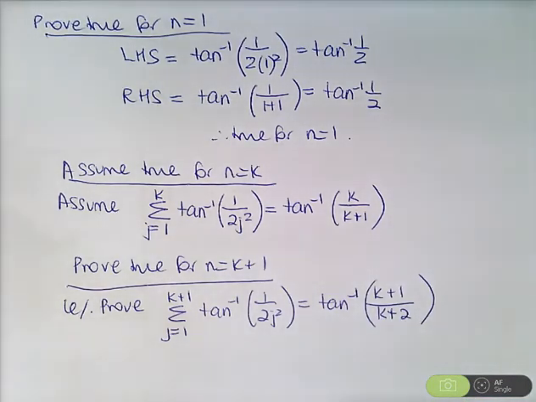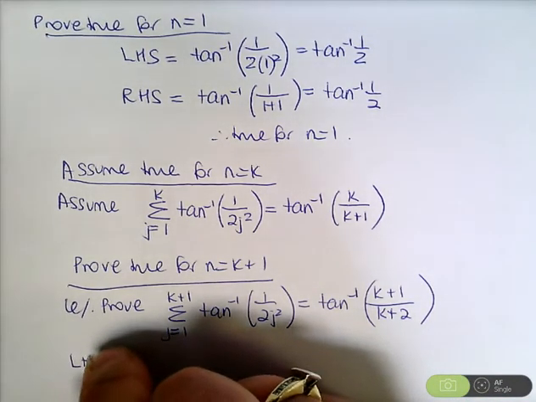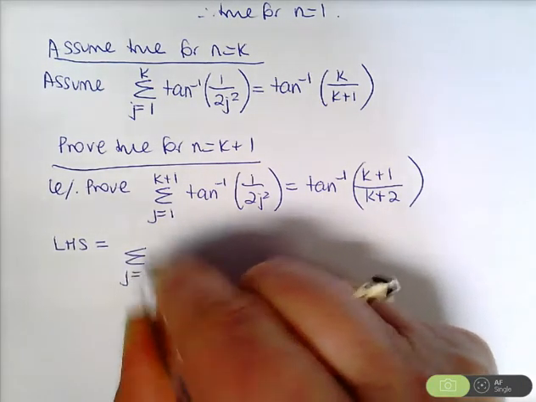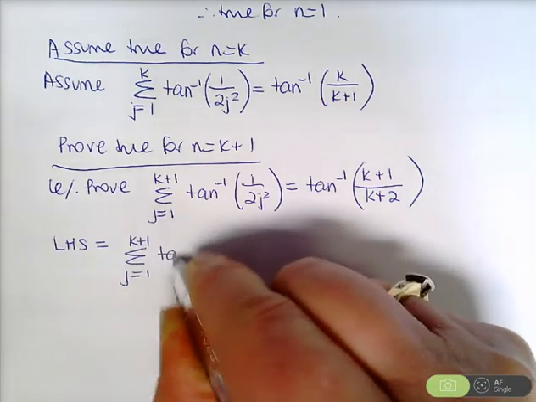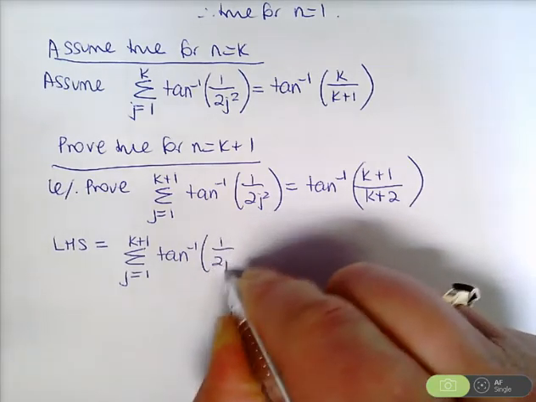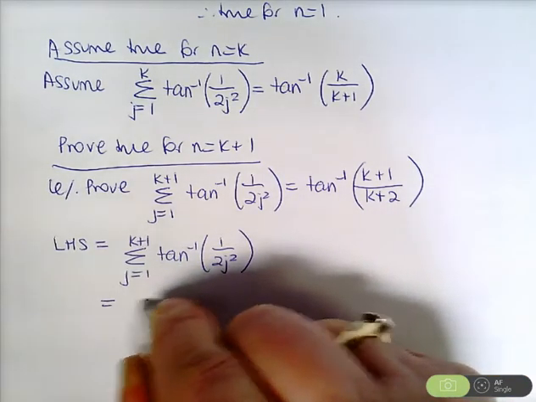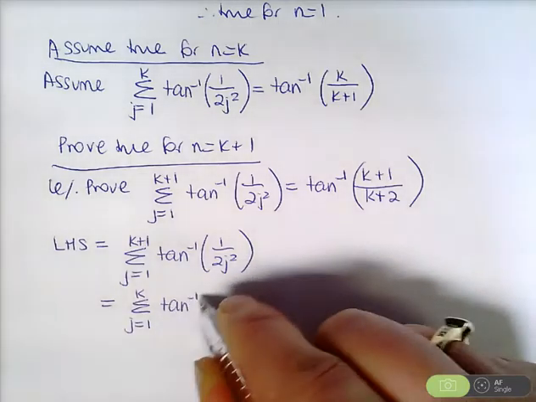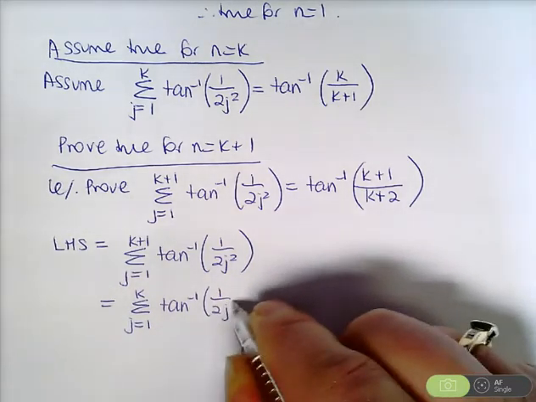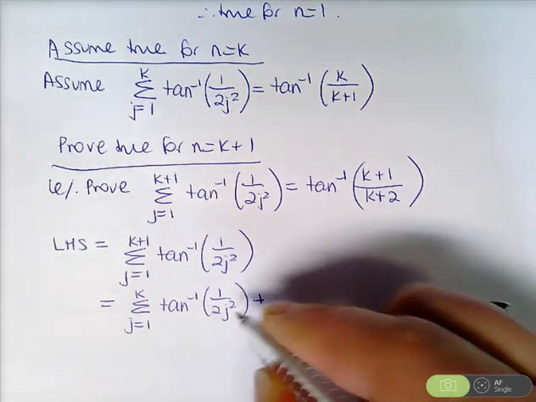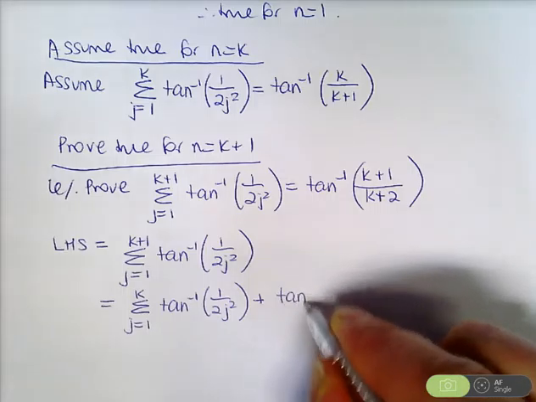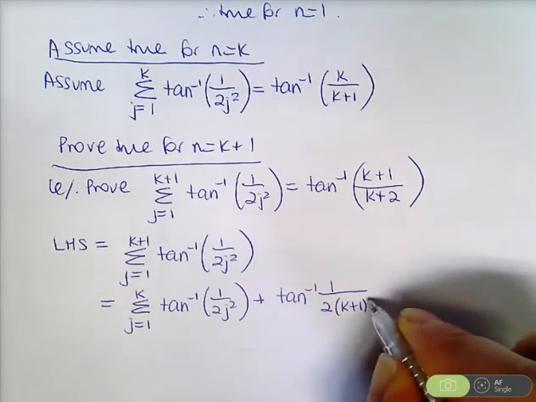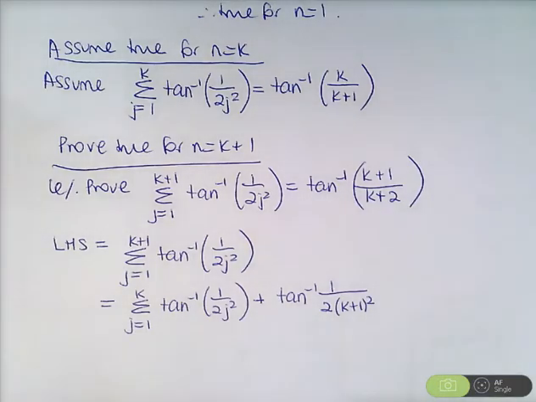So left hand side is equal to the sum from j equals 1 to k plus 1 of inverse tan of 1 over 2j squared, which is the sum from j equals 1 to k of the inverse tan of 1 over 2j squared plus the k plus 1th term, which is the inverse tan of 1 over 2 times k plus 1 squared.